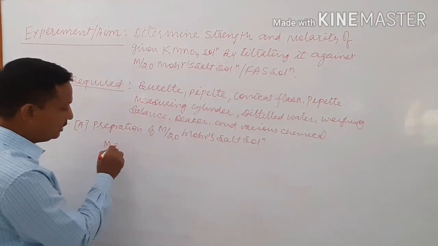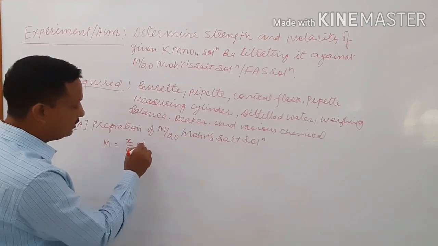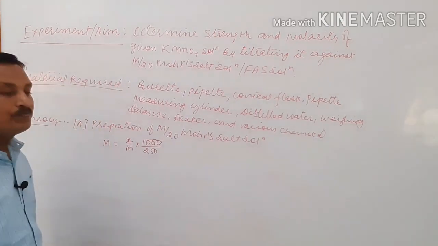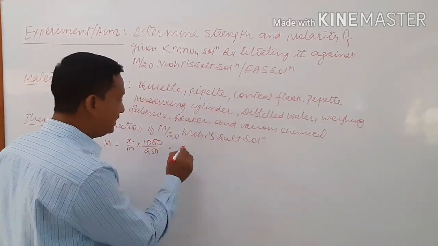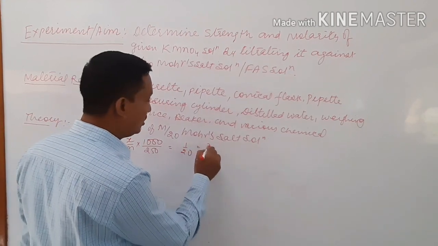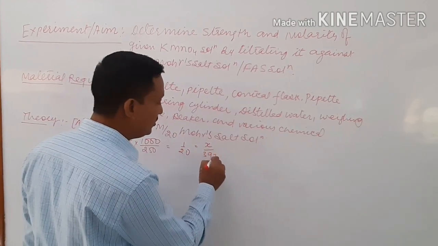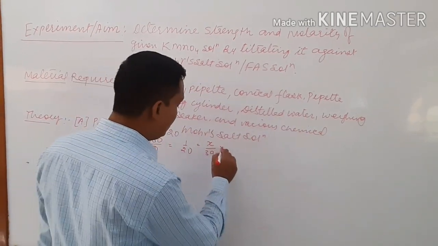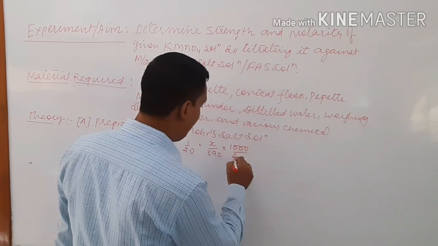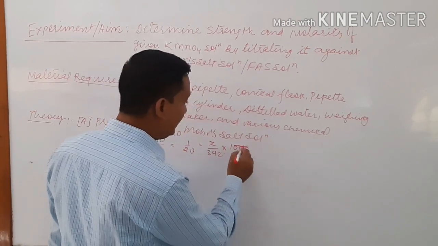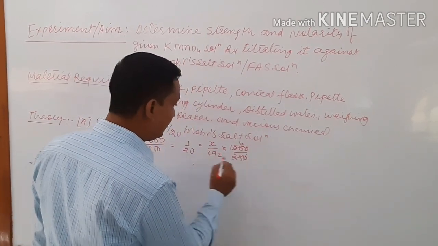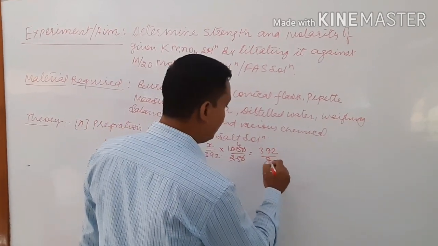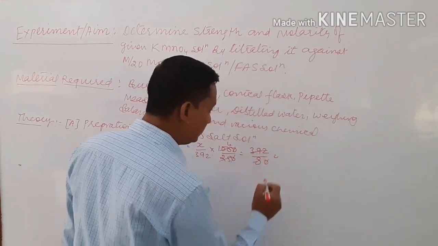We know that molarity equals x upon molar mass into 1000 upon volume in ml. So 1/20 equals x upon 392, the molar mass of Mohr's salt, into 1000 upon 250. We can easily calculate it, 392 upon 80, so it would be around 4.9.